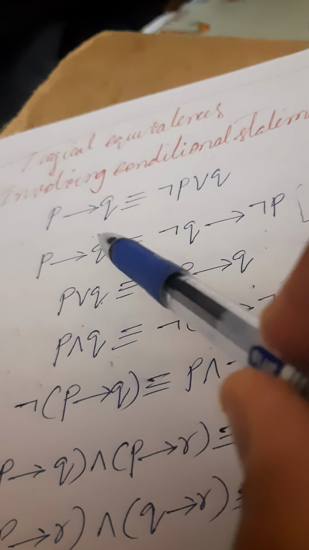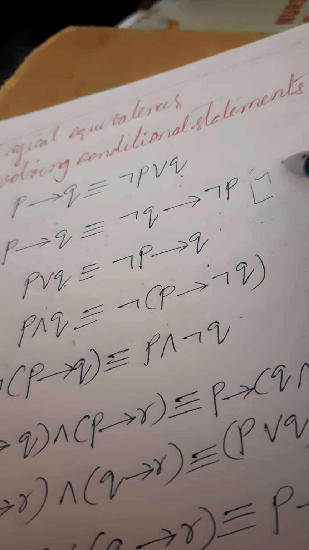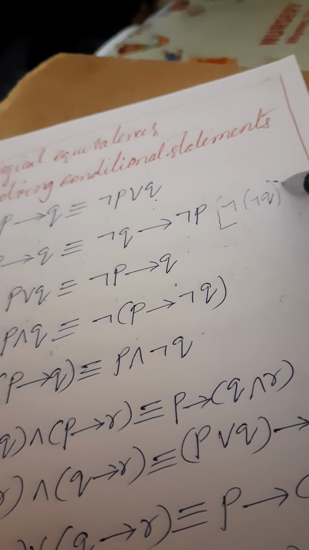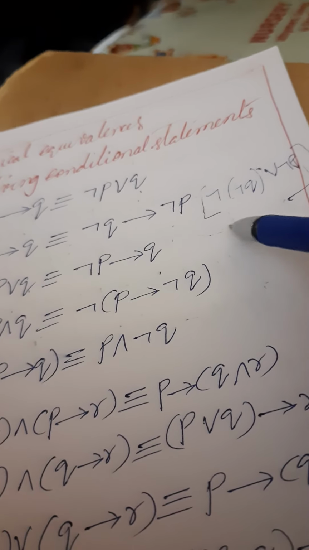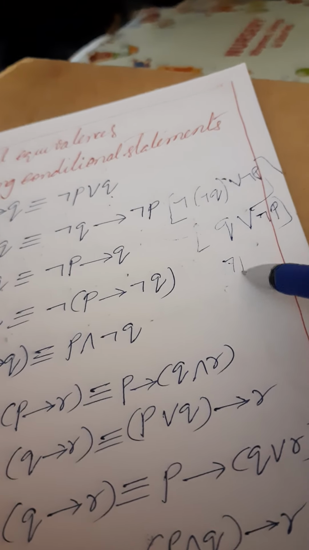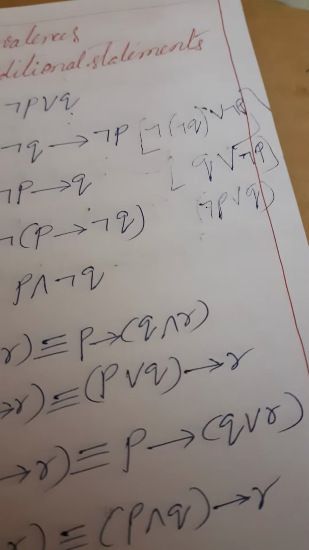I already told you P implies Q is equivalent to negation P or Q. From that implication we can write negation of negation Q or negation P. Negation of negation Q is Q, so Q or negation P means negation P or Q. Both are equal, right?